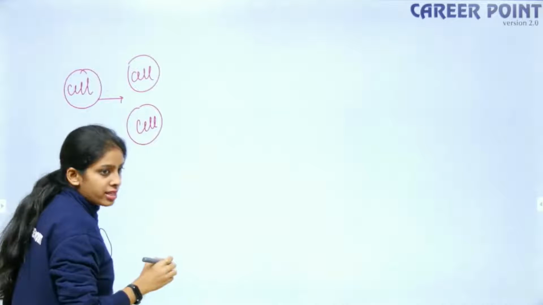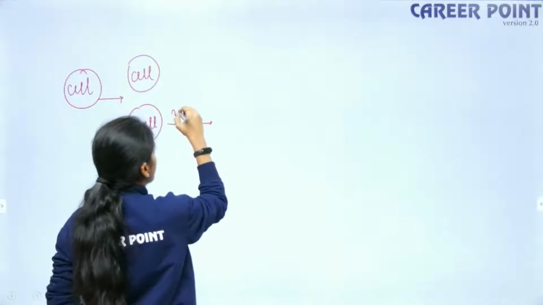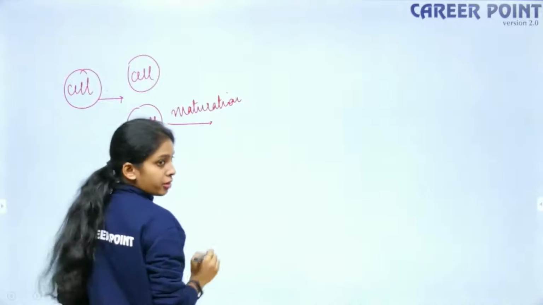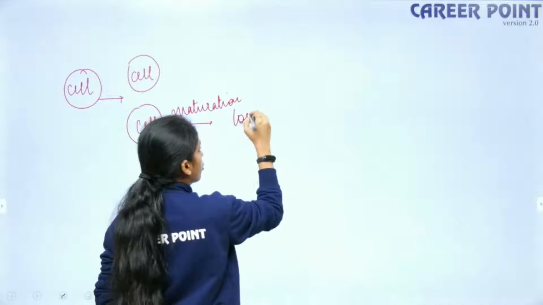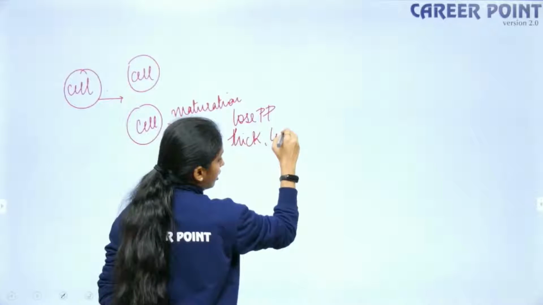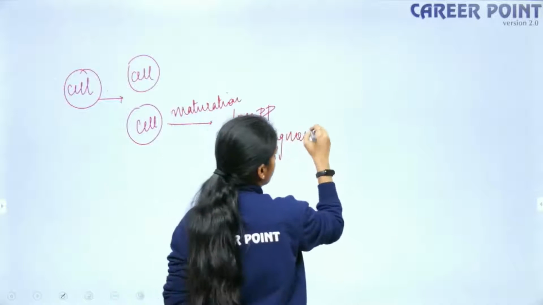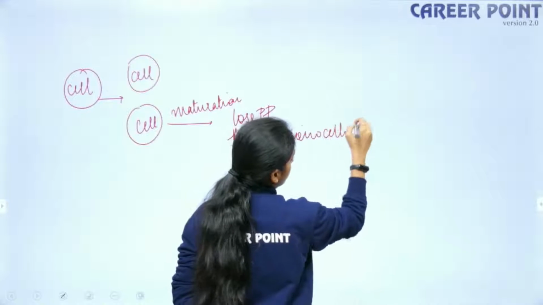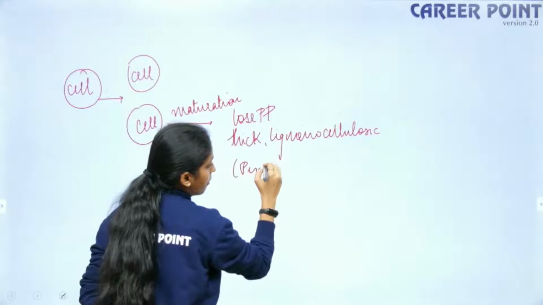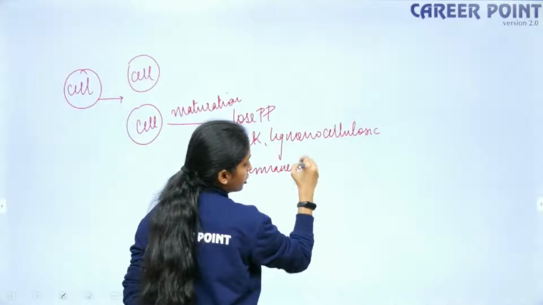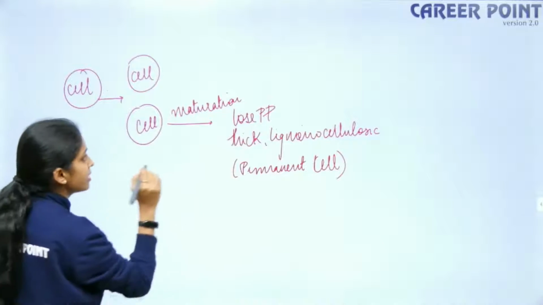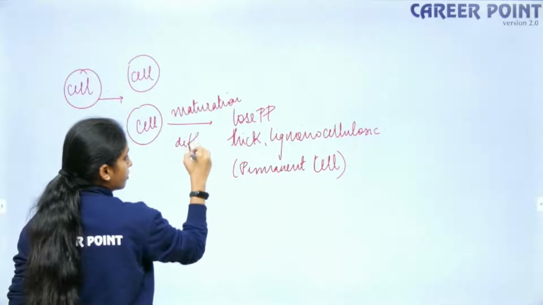Now it stops its ability to divide and it undergoes maturation. It loses some protoplast, it becomes very thick, it contains lignocellulosic deposition. So it has become a permanent or a differentiated cell, right? This process is known as differentiation, right?